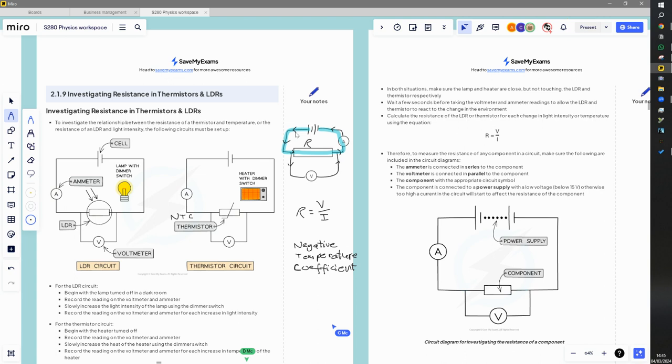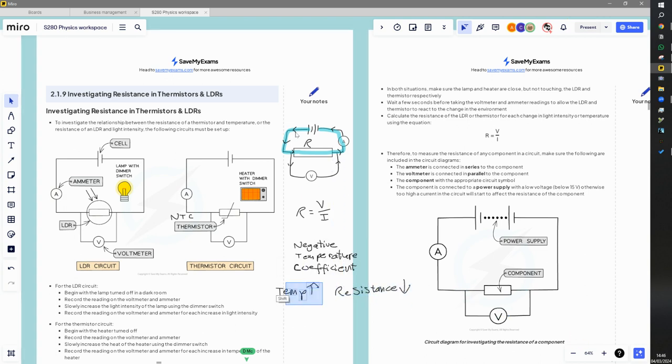You don't need to know what coefficient means. You don't in fact need to know what any of this means exactly, apart from the whole thing altogether means something that when it's hotter, so when the temperature increases, then the resistance decreases. Now, the thing that's interesting about this is that the exact opposite happens for a regular piece of metal.